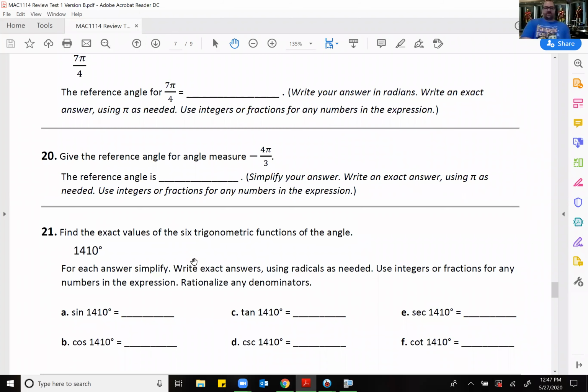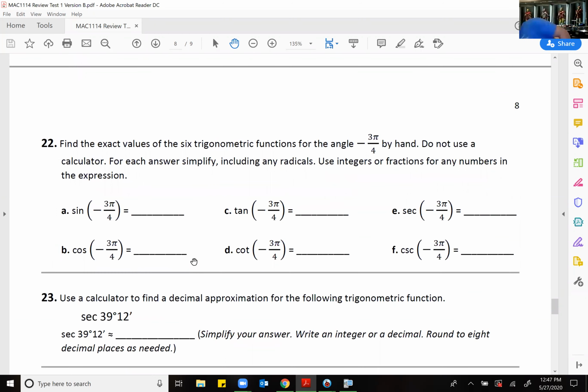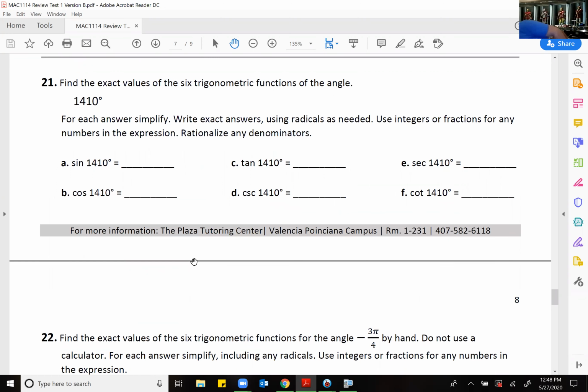All right, so number 21. We're going to put all that to use. Number 21 and number 22 are just like what we did for questions 16 and 17. 21 and 22 are just like questions 16 and 17.